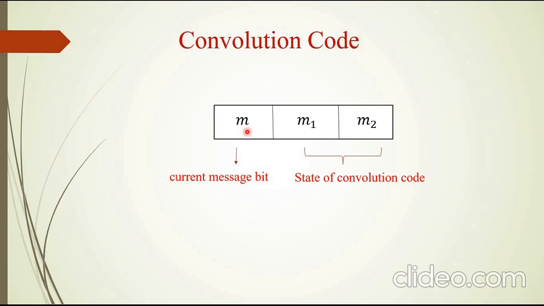So the first bit M represents the current message bit, and M1 and M2 both represent the state of the convolution code. Now I will explain all those things step by step.